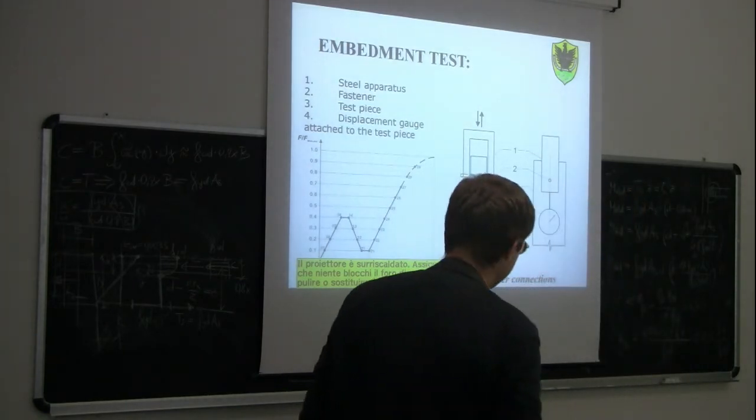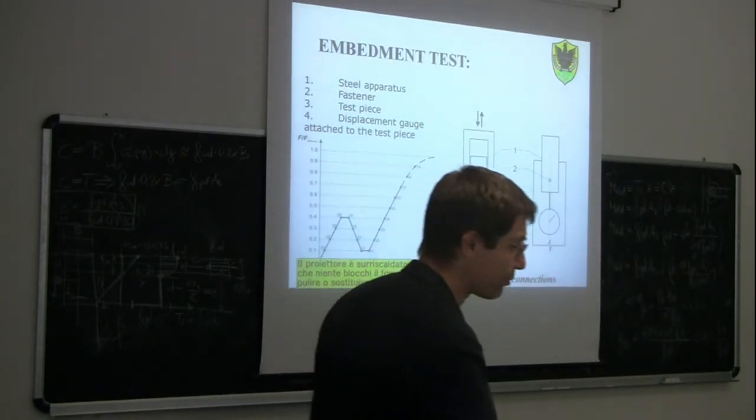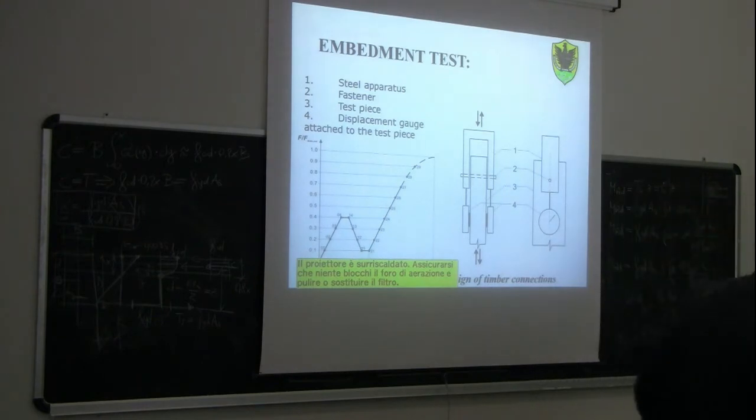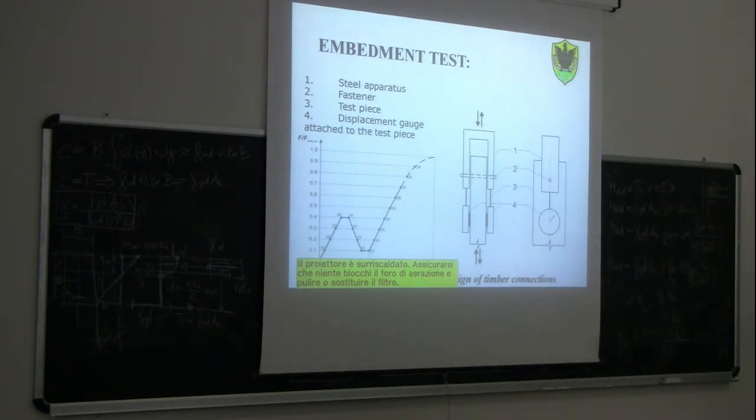So the first test that we need to do to understand more about the actual behavior of wood is what we call embedding or embedment strength. It's an embedding or embedment test, which in Italian is prova a rifollamento.